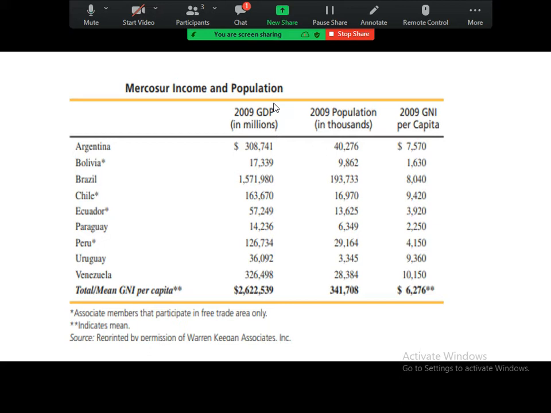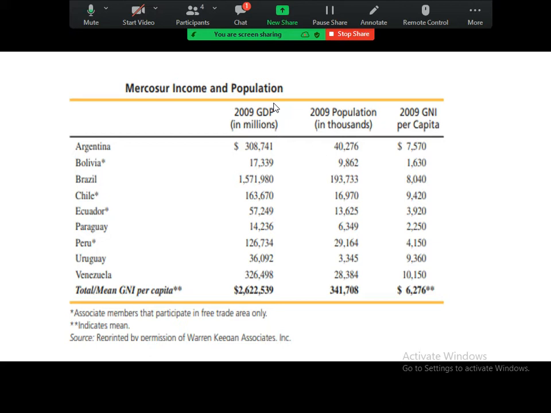Today, about 90% of goods are traded freely. However, individual members of Mercosur can change both internal and external tariffs when it suits the respective government.